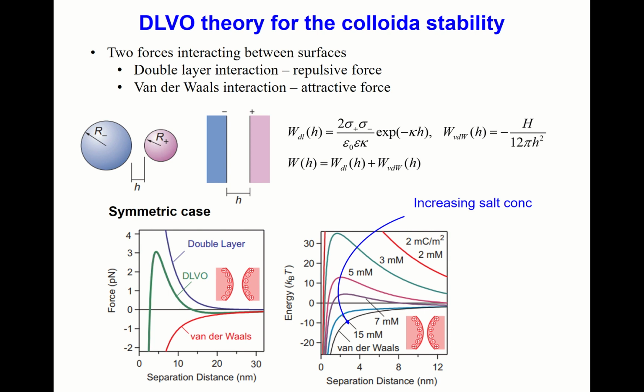Another easy way is to add salt. When salt is added to the system, the double layer interaction becomes weaker and weaker, and finally very small.